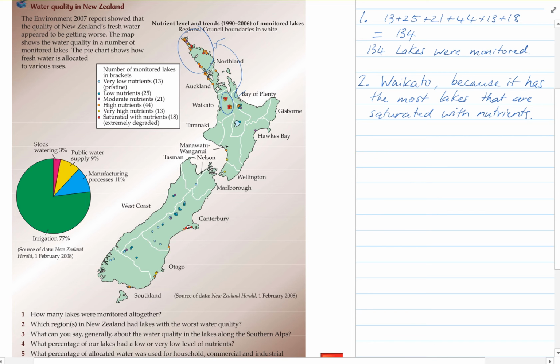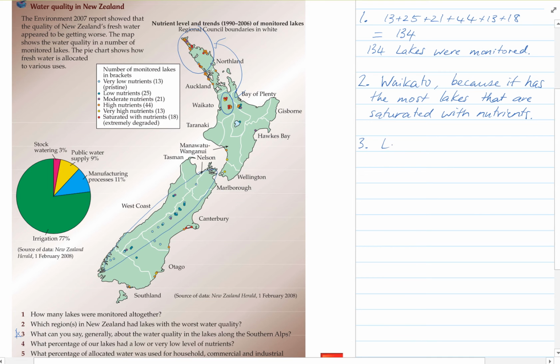Okay, so the next question down here, number 3, it's saying what can you say generally about the water quality in the lakes along the Southern Alps? Well, if you look at all of these lakes, they're all light blue or blue, which means they have low nutrients. And so that's simply all the question is asking for.